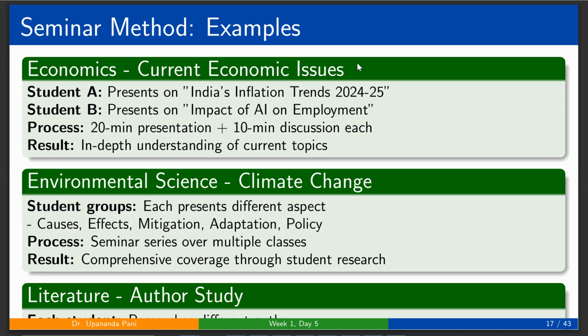The result is in-depth understanding of current topics. In environmental science, let's say we are dealing with the climate change topic, student groups each present different aspects: causes, effects, mitigation, adaptation and policy. The process is a seminar series over multiple classes, and the result is comprehensive coverage through student research.